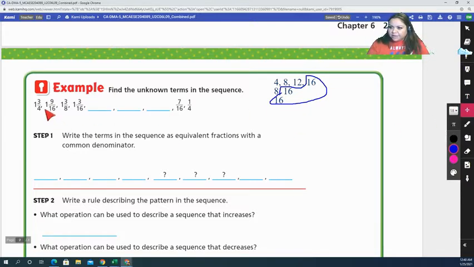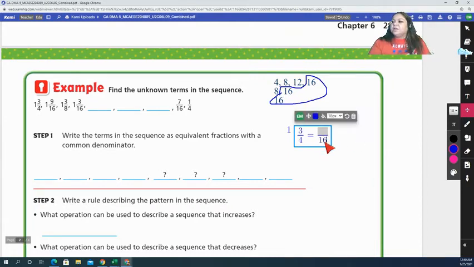But the ones that have, for example, the first one is 1 and 3/4. For this one, I'm going to have to find the equivalent fraction for 3/4. And we know that our denominator needs to be 16. So I'm writing 16 in my denominator. Now I need to figure out what the numerator is.